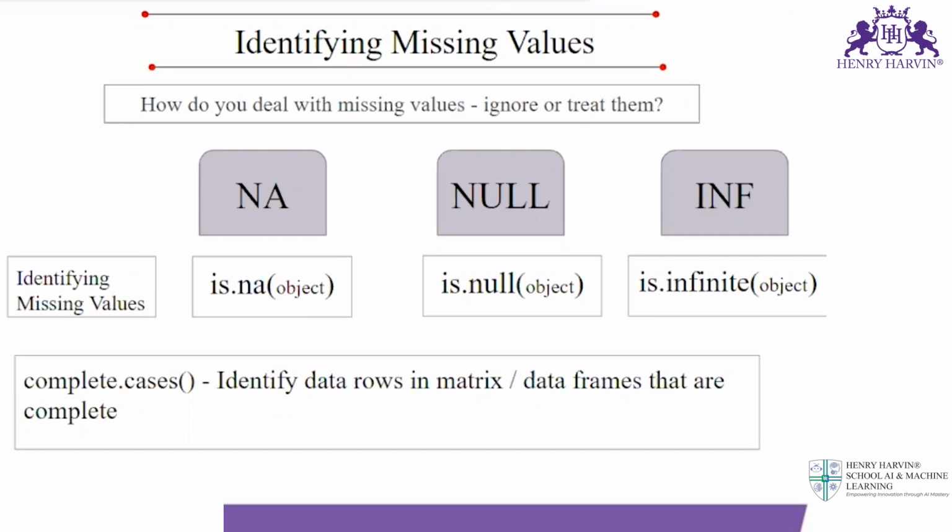In the bracket, it can be a vector, a data frame, or a matrix. Now, there are also null values. We can identify these null values using is.null. Within the brackets, there will be the object or the data frame that you are using.